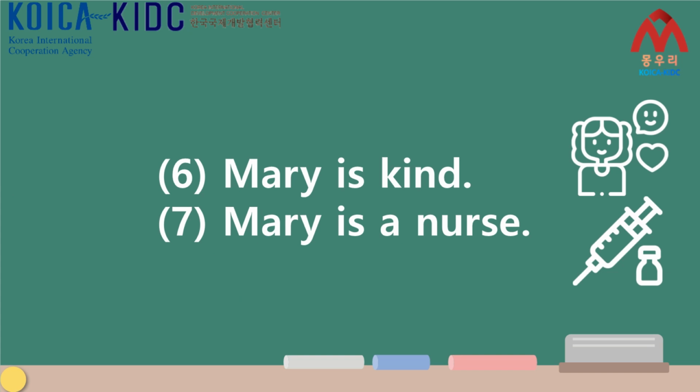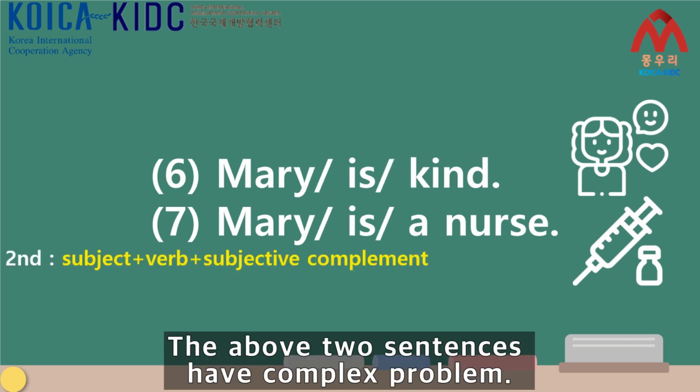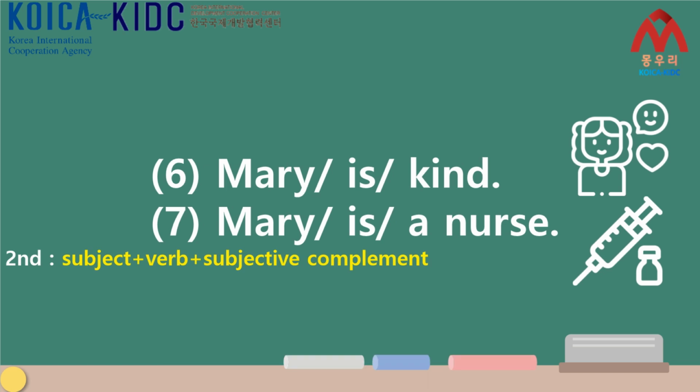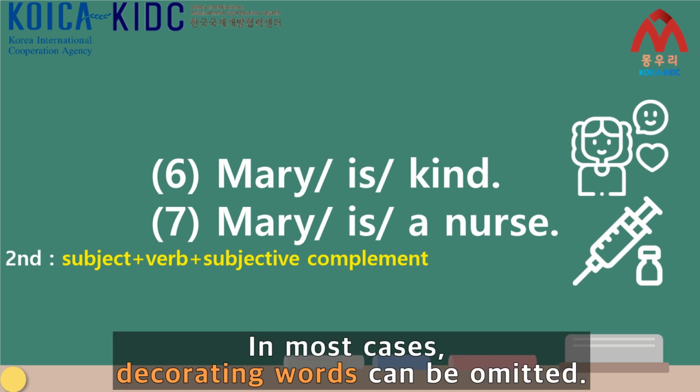Number 6 and 7. Mary is kind. Mary is a nurse. The above two sentences have a complex problem. They have a subject plus verb sentence structure. In most cases, decorating words can be omitted.